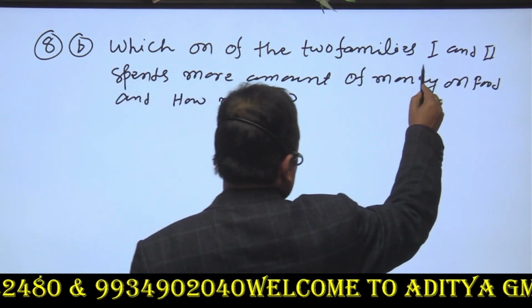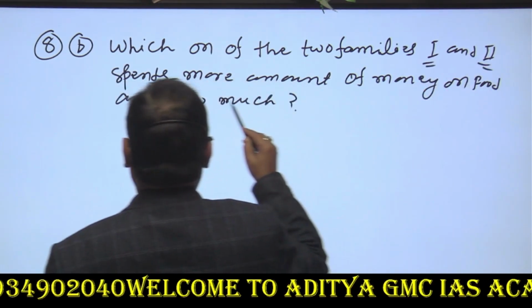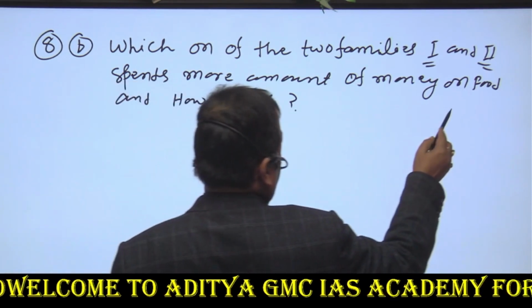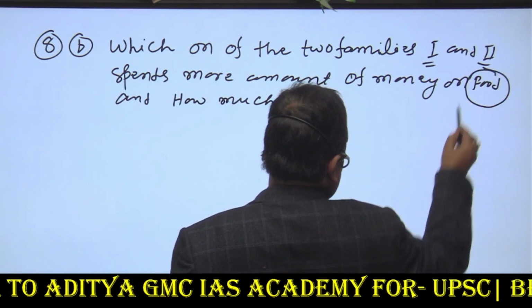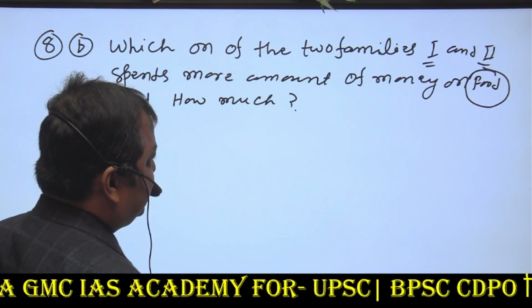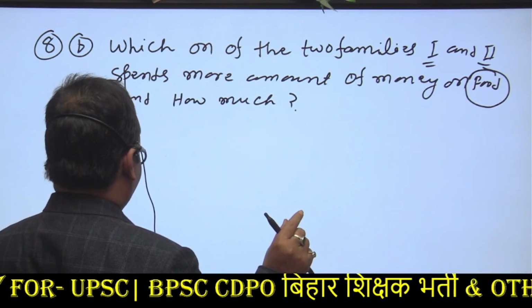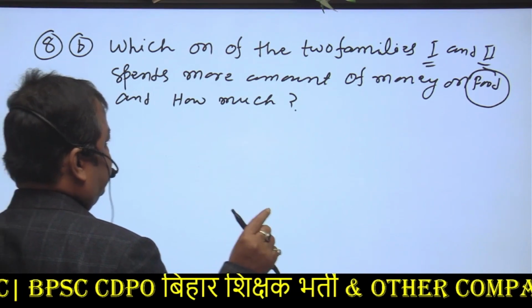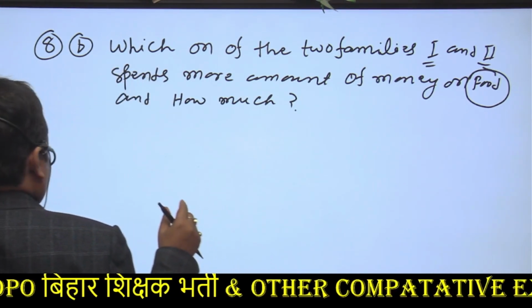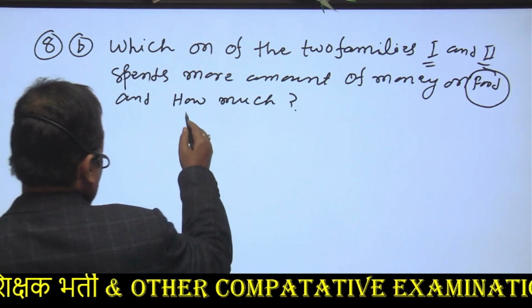Comparison of two families, 1 and 2, spending on food. In this question, the food item sector is important. Then comparison, and then find out how much more.